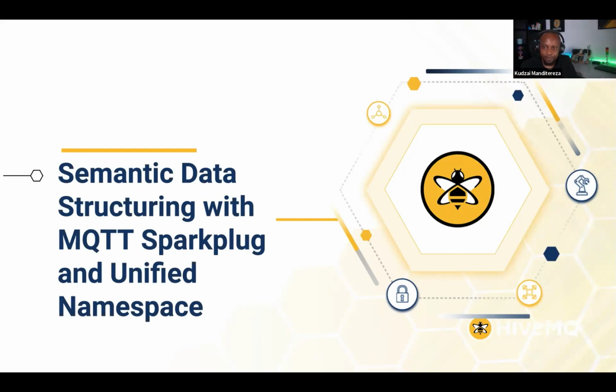Because we've spoken about events: whenever an event occurs within your operating technology and you want an analytics system to kick off a workflow, how do you make that data available in real time so that you are able to automate your business processes based on the way that your data is structured?